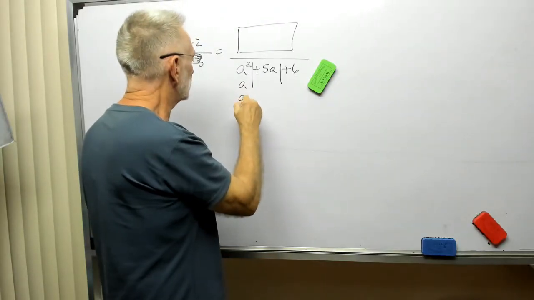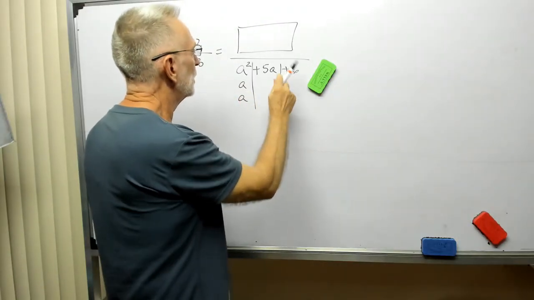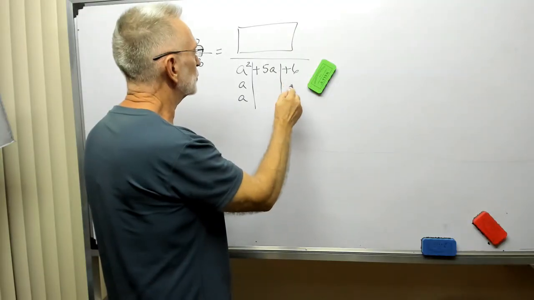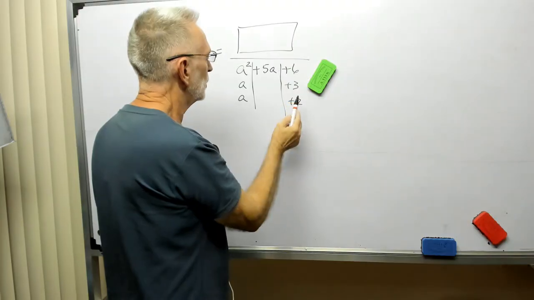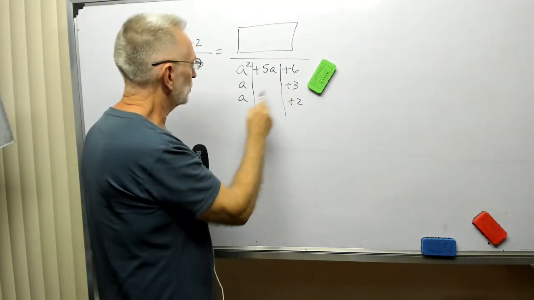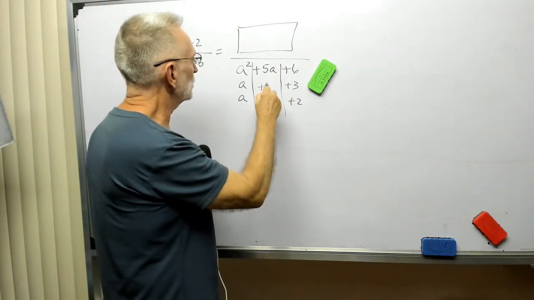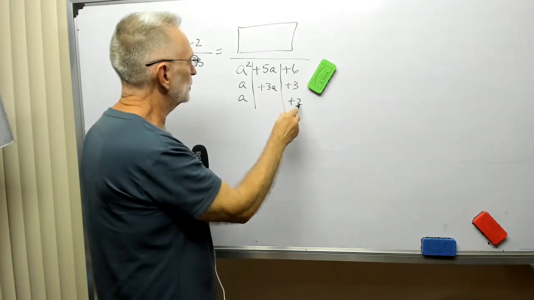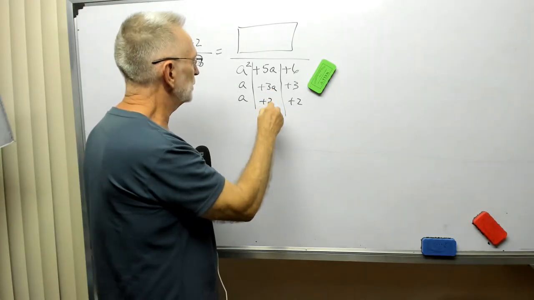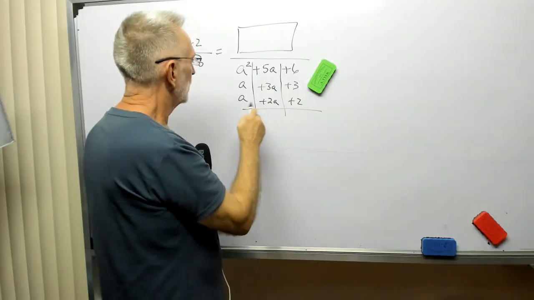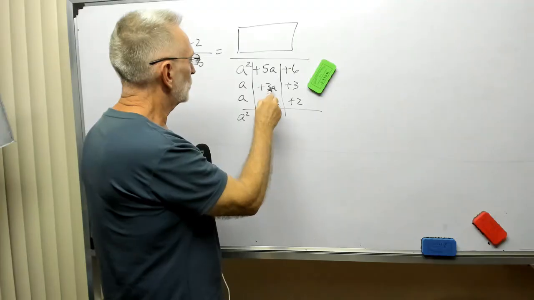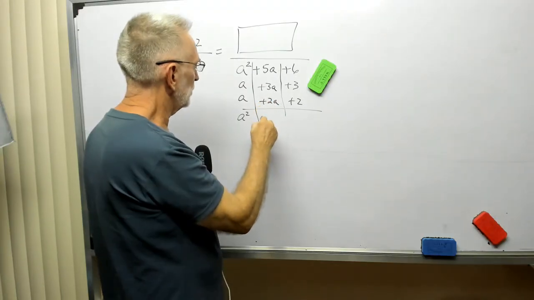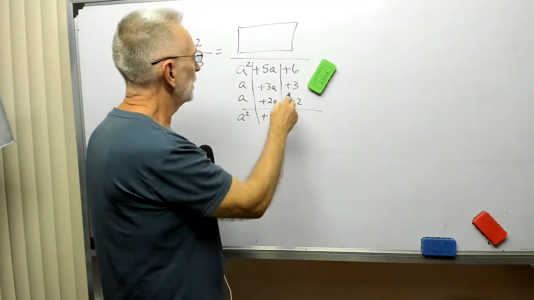A squared is A times A. 6 is plus 3 plus 2. So positive 3 times A is plus 3A. Positive 2 times A is a positive 2A. Okay, A times A is A squared. 3a plus 2a is plus 5a.